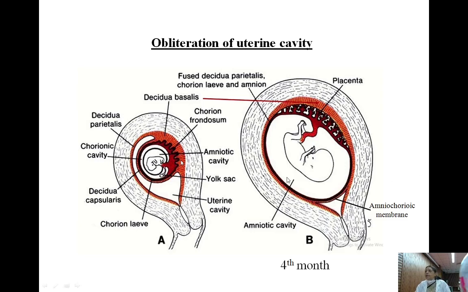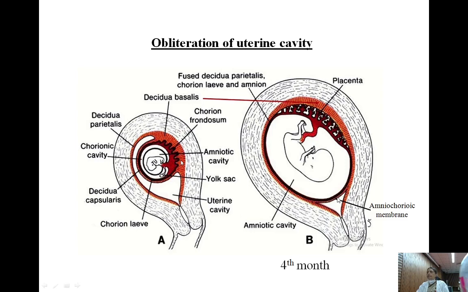So only the amniotic cavity is present, and the uterine cavity also disappears because there is fusion of the decidua capsularis and the decidua parietalis. And here we can see that the amniotic membrane and the chorionic membrane are fused with each other, and they will form the amniochorionic membrane.